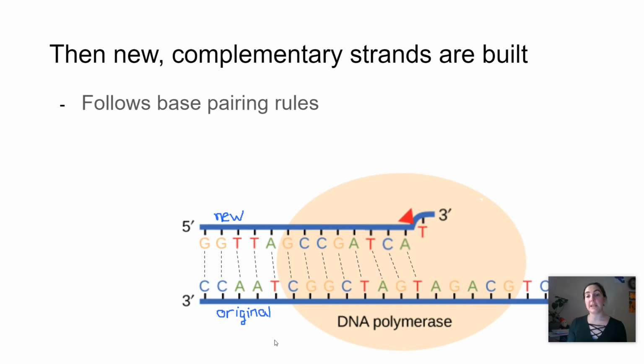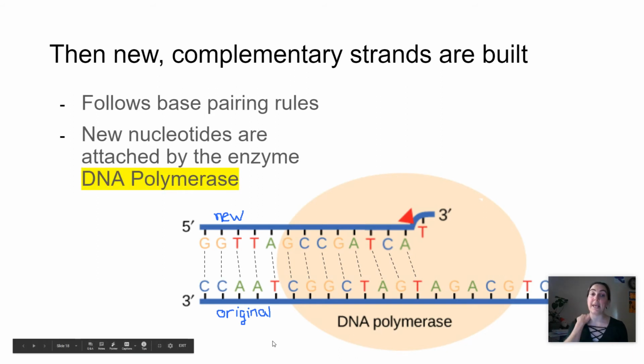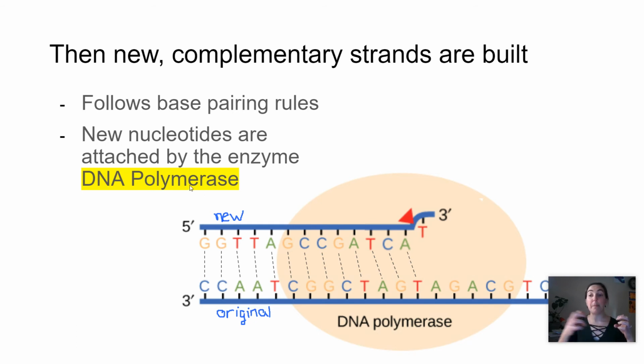This step is accomplished by an enzyme called DNA polymerase. Again, ASE means it's an enzyme. Polymer, the first part of that word, remember, a polymer is a molecule that's a whole bunch of monomers linked together. So it's building something, and in this case, it's building DNA. And it does this by following the base pairing rules.